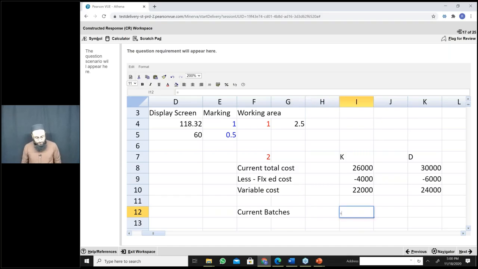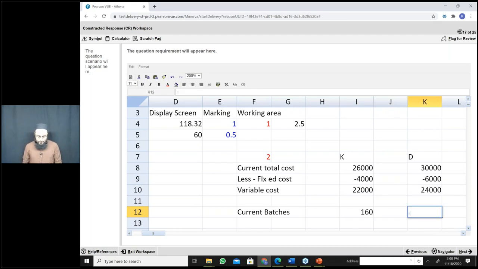How many units are we making? 80,000, yes. And right now, one batch includes how many units? 500, right? So if I divide 80,000 with 500, I will get 160 as my current batches. So right now we are producing 80,000 units in 160 batches.